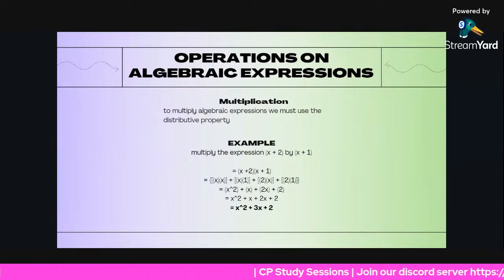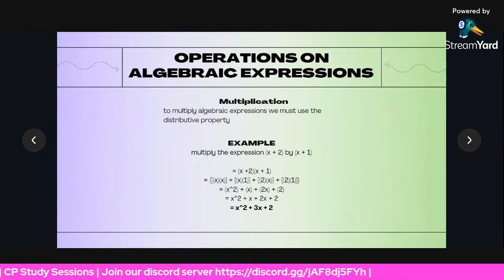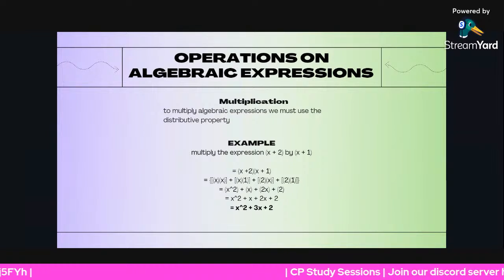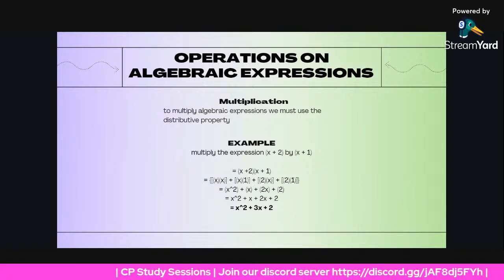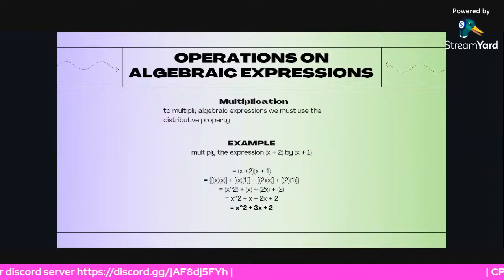So, usually, ang ginagamit lang dito is yung FOIL method. So, yung FOIL method, F stands for first term, O stands for outer term, I stands for inner term, and L stands for last term. Hence, yung abbreviation niya na FOIL.